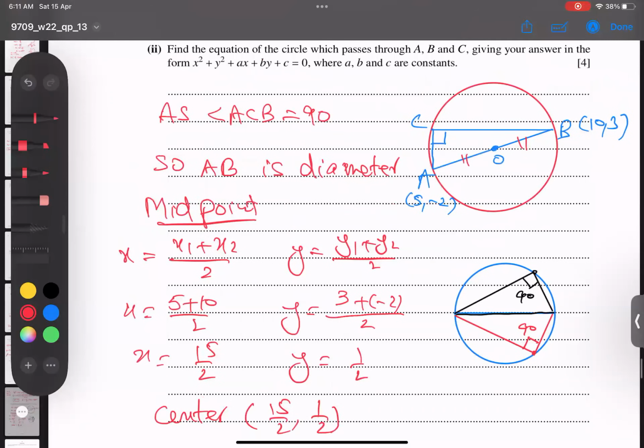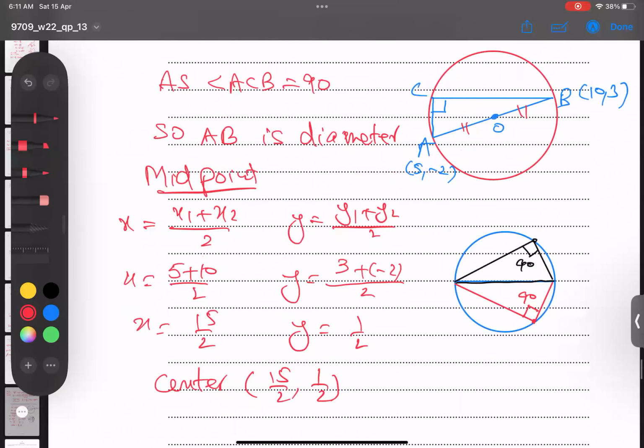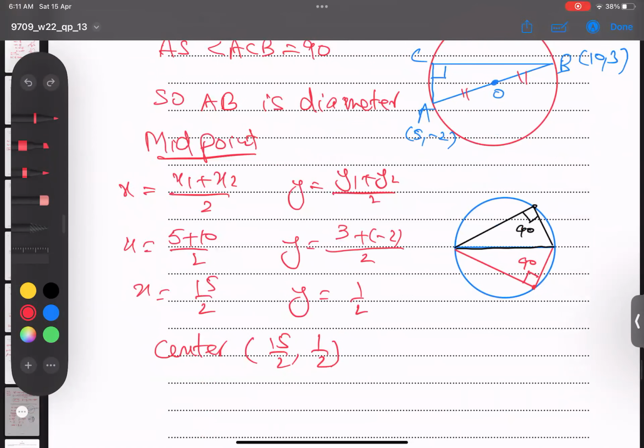And now I'm looking for the radius. And you know it well, students, find the distance AB divided by 2, or find the distance OB, or the distance OA. No problem. I'm going to find OB. Or I can find the AB distance divided by 2, because this fraction is creating trouble for us. So the radius is half of the distance formula.